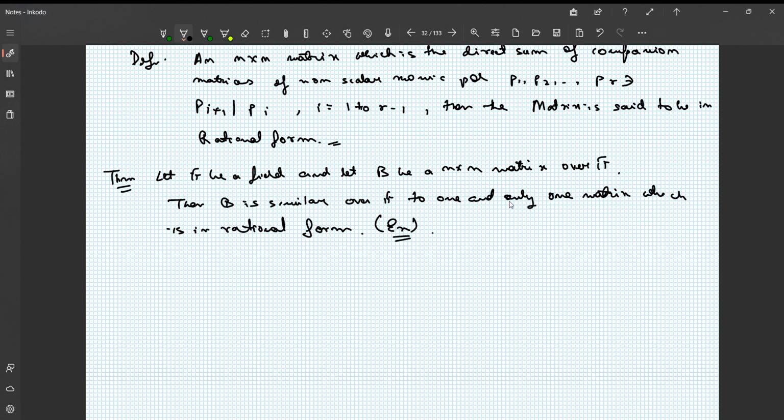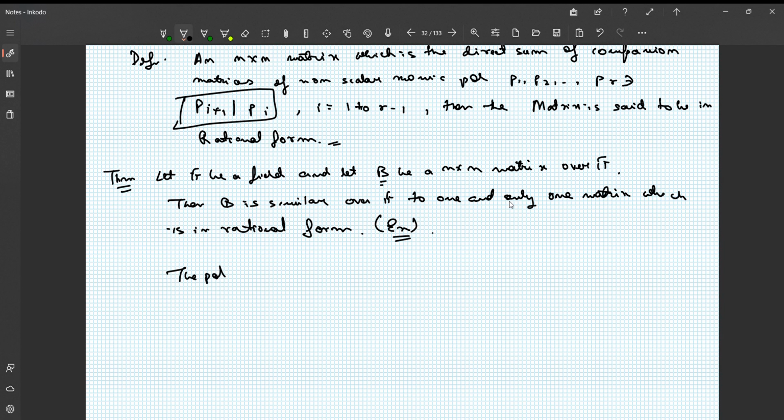Use this as an exercise. Since every matrix is similar to a unique matrix in rational form, these polynomials are called the invariant factors.